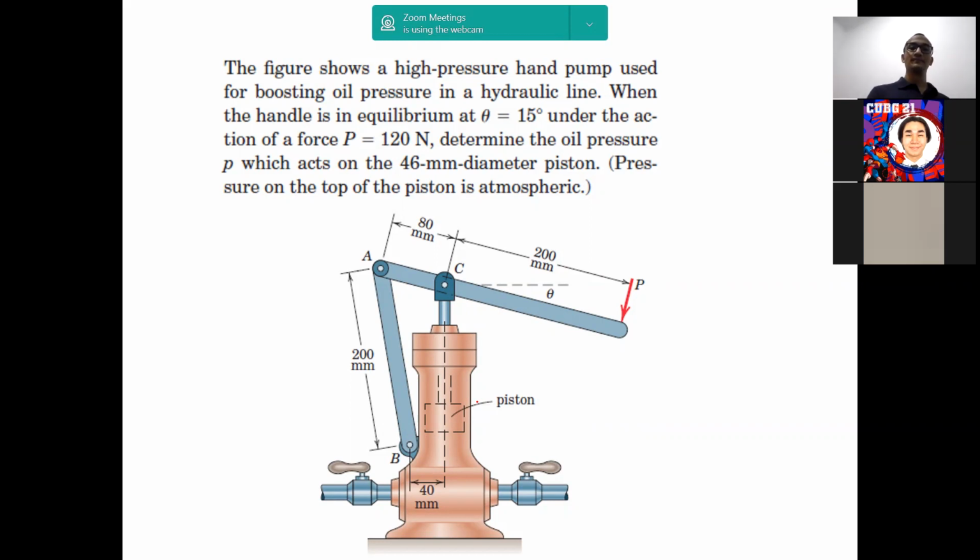So as long as you find out the force happening there, that's actually the answer, although you have to process more on it. For this particular problem, can you guys identify the two force members here?